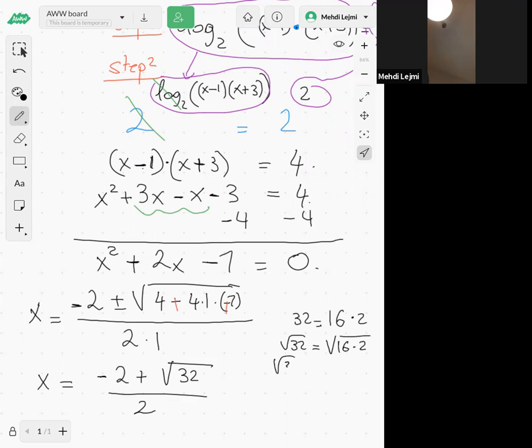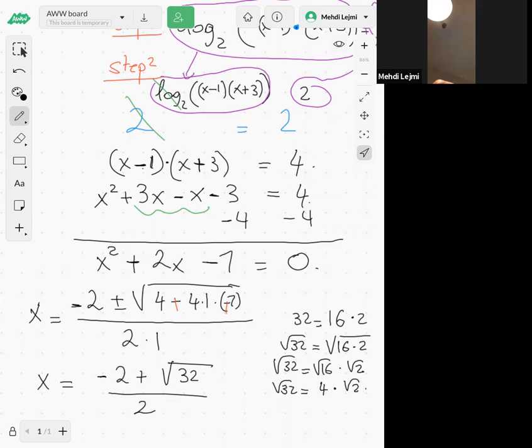You can split the square root here because you have a multiplication. So that would be the square root of 16 times the square root of 2. Now the square root of 16, that's 4, I mean 4 times 4 is 16. So the square root of 16 is 4. So this is like 4 times the square root of 2.